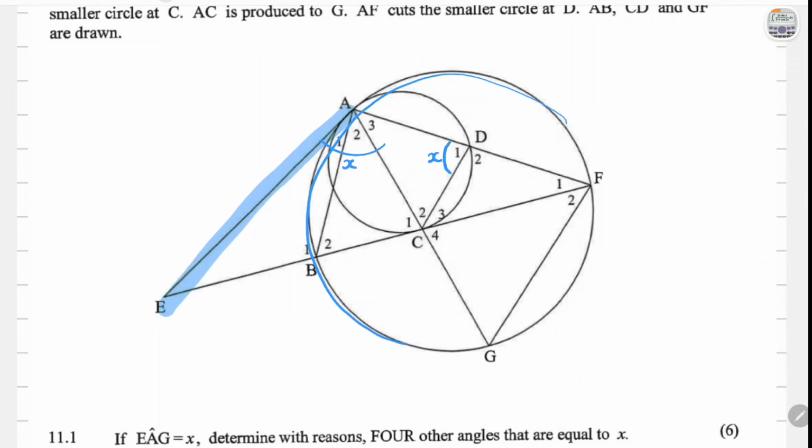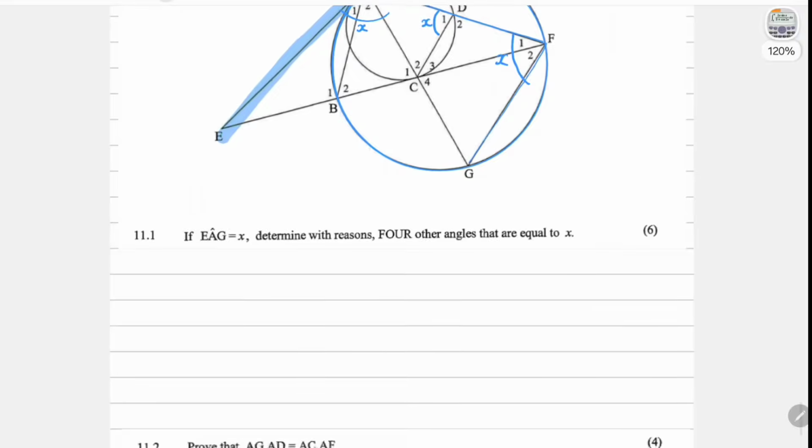If AE is a tangent to the bigger circle, then the angle between the tangent and the chord, this chord AG, would be equal to the angle supported by that chord. So it's this entire angle that is equal to X as well. Okay, so let's just put that down. So we have 2 already, 2 more to go.